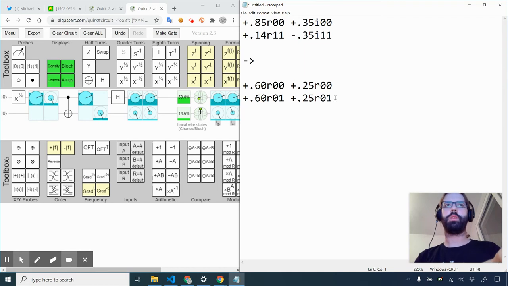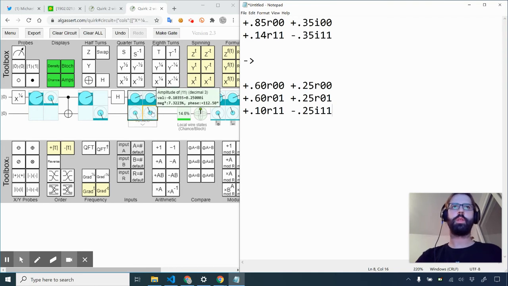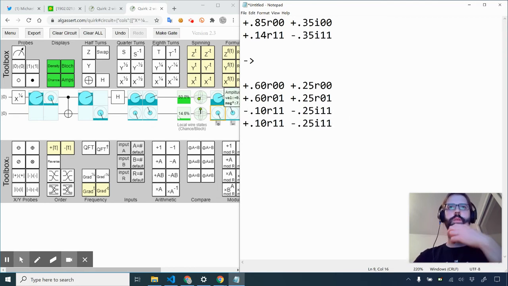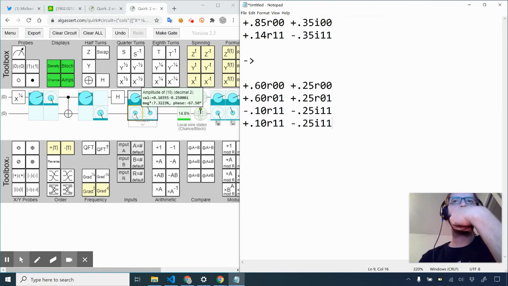And these guys, 0.10 and 0.25. Minus 0.10. And what did I say here? Minus and plus. And this is plus.